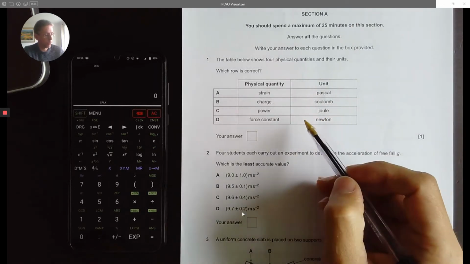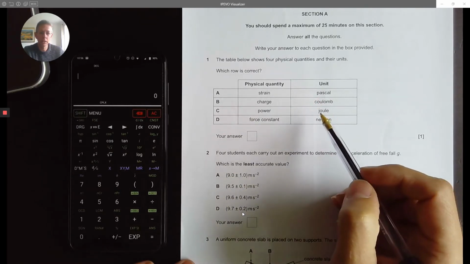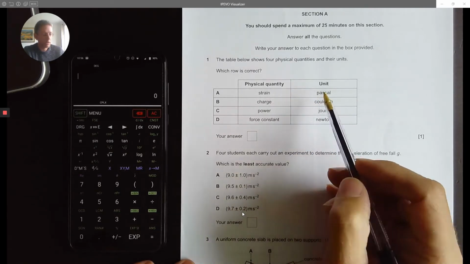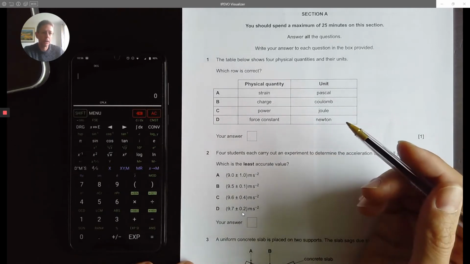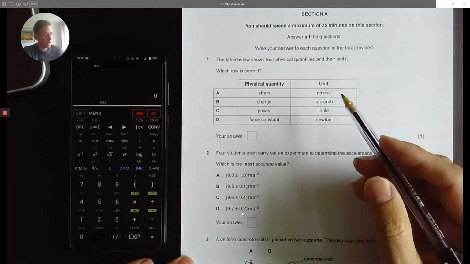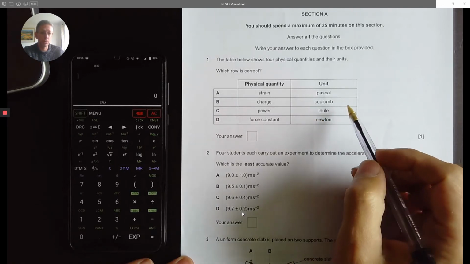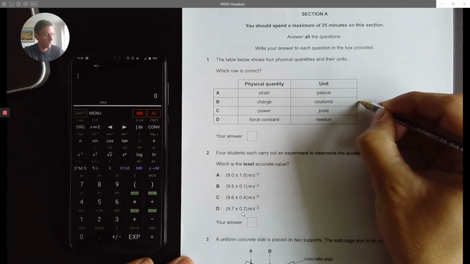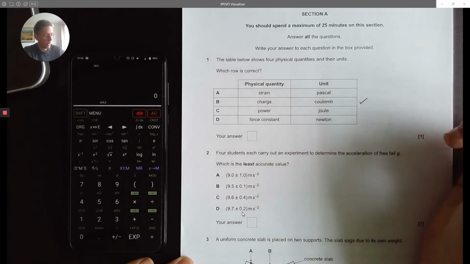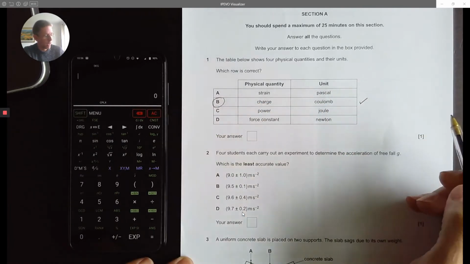Okay, question number 1. You have to pick the correct unit. Strain and pascals may or may not be correct. Both of those things are a little bit less used quantities than the others, so we'll make our way to the rest of the list and see what we know instead. Charge is measured in coulombs, so there's a nice freebie to start off with. We think that that is the correct answer.